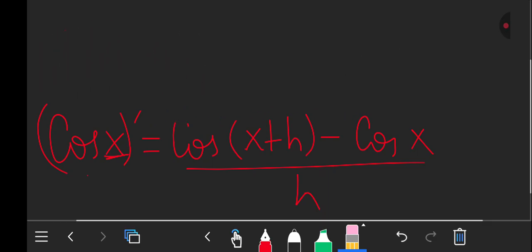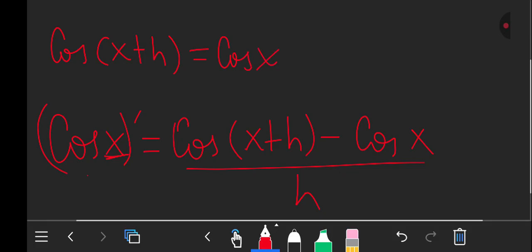Then we are going to follow this. We apply trig identities for double angles. When you have cos of x plus h, according to cosine rule of double angles, we are going to have cos x.